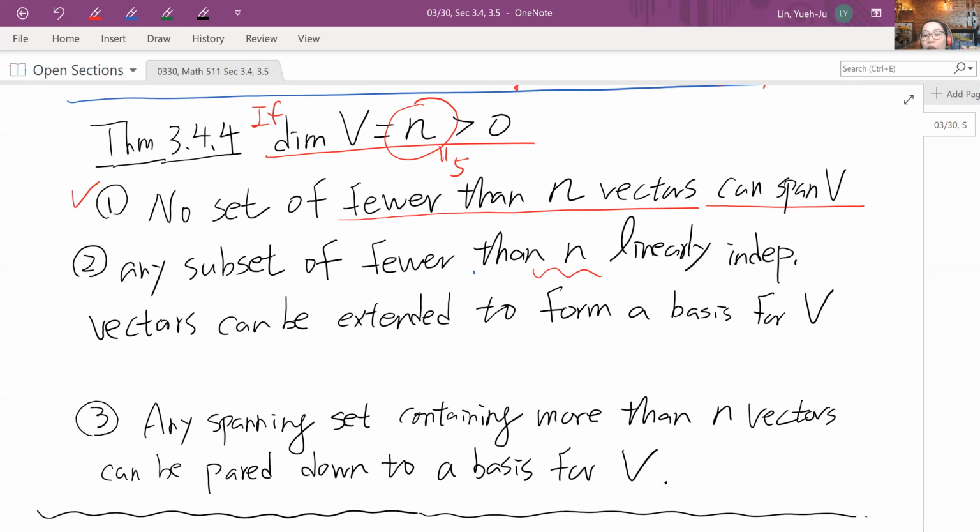But if you start with 3 linearly independent vectors, then you can keep adding vectors to form a basis, because I need 5. But in order to add them, you need to be careful. You want the vectors you add to also be independent, right? You already have 3 independent ones, and it's not enough. I know it needs to go to 5, so you need to add a fourth one. It's more like trial and error.